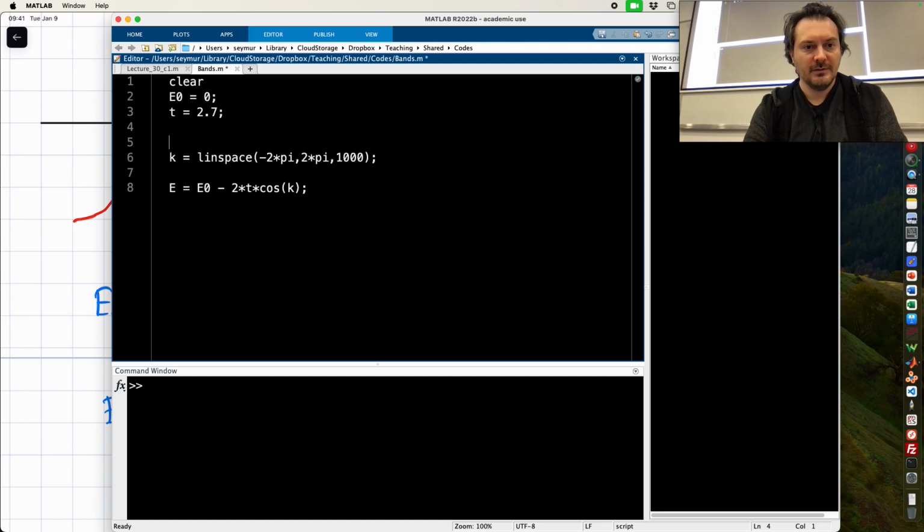Let's make A 1. Yes? Plot K versus E. Maybe with red.